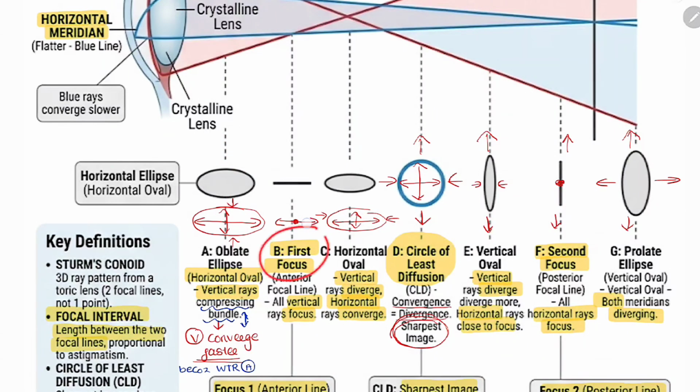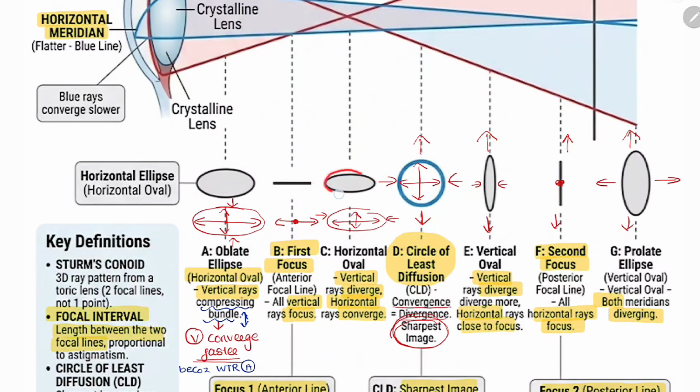Next one is the first focus or the anterior focal line. Here, the vertical rays are focused, but the horizontal rays are still converging. Third one is the horizontal oval. Horizontal oval means the vertical rays, after focusing, started to diverge while the horizontal rays are still converging.